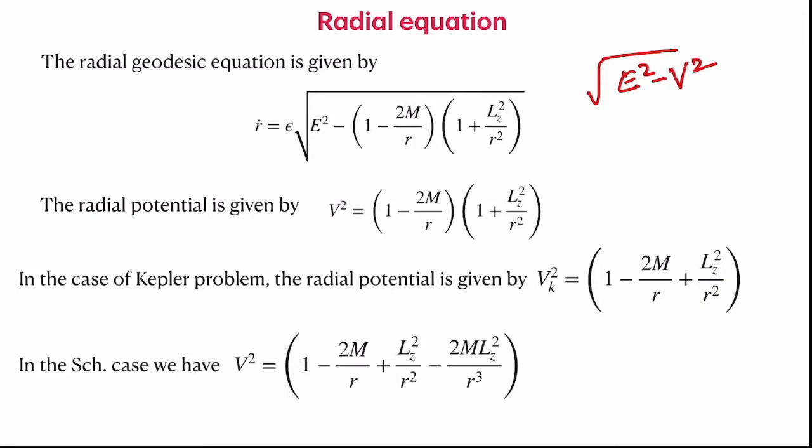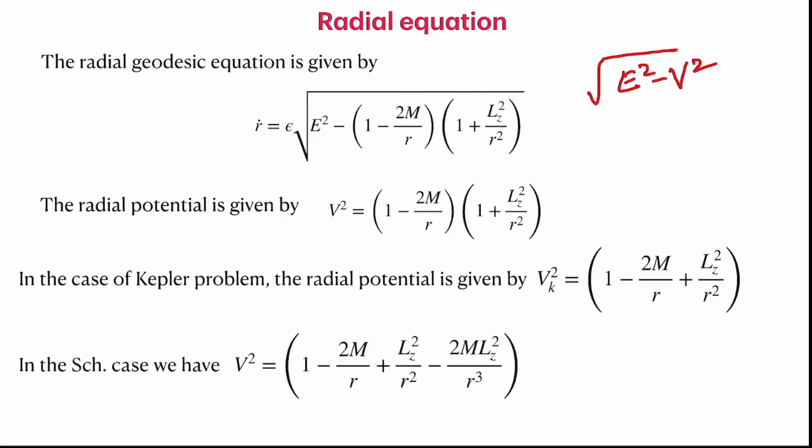Now, simply for comparison, we can do a similar thing with the Keplerian problem. That means you take the Lagrangian of a Kepler problem, that is kinetic energy in polar coordinates minus potential. Potential is minus GM by r, that is potential due to the point mass at the origin.